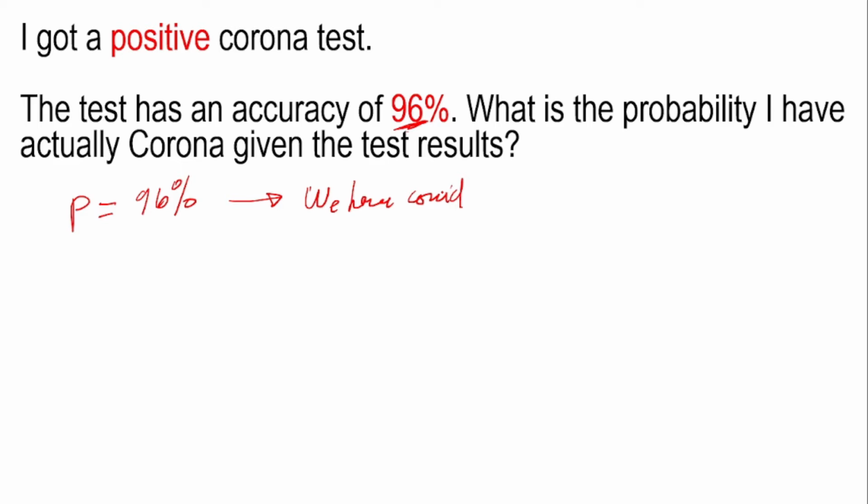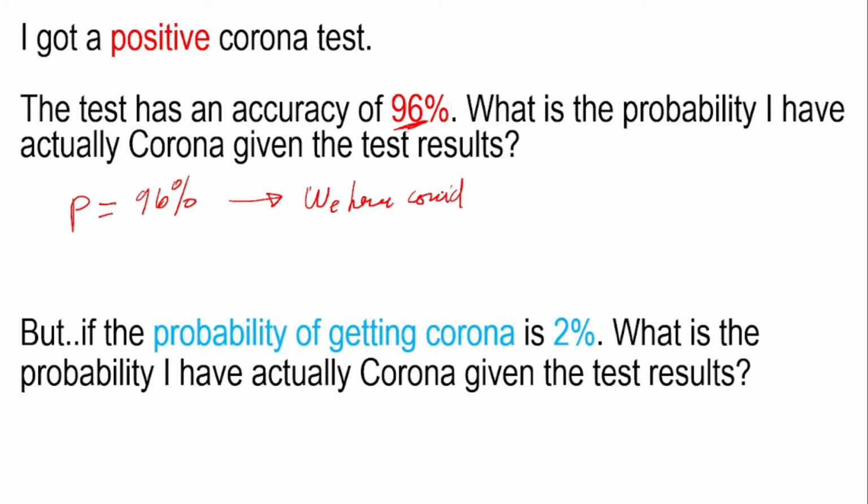We have been somewhat isolated, we don't have many contacts recently, and we can model this and say we have a very low chance of having corona. Let's suppose this number is 2%.